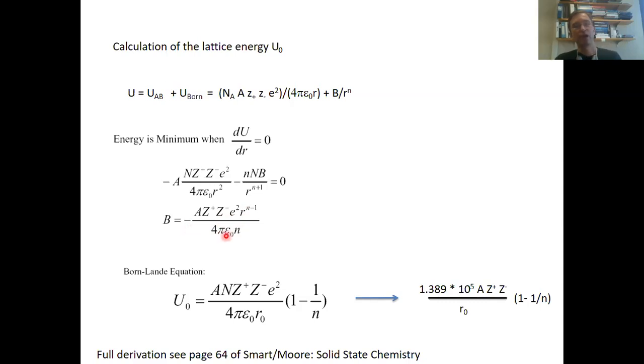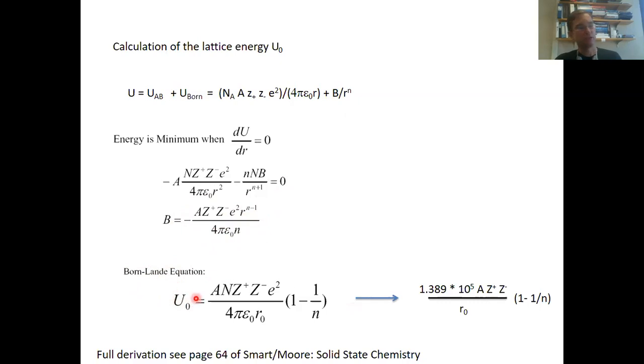Now you can take this term for B and plug it into this equation. You replace B by this term, and then you arrive at the final formula for the lattice energy, which is also called the Born-Landé equation.